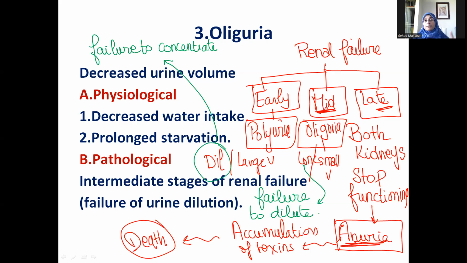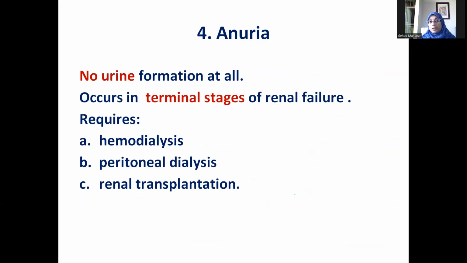So it's very weird that when there is a transition from the early stages of renal failure to the later stages, the kidneys do the opposite. In the early stages, they cannot concentrate urine, and therefore they produce very diluted urine. Whereas when renal failure becomes more advanced, there is failure to dilute urine, and therefore there will be concentration of urine. In the terminal stages, you would have anuria or no urine formation at all.